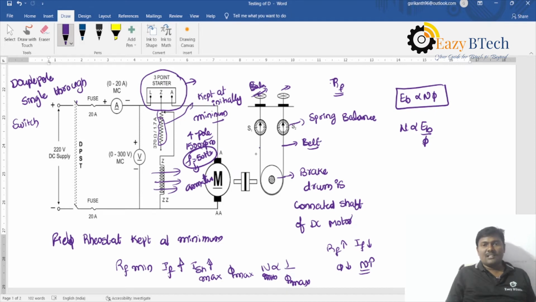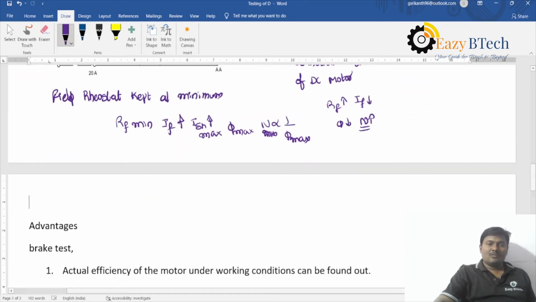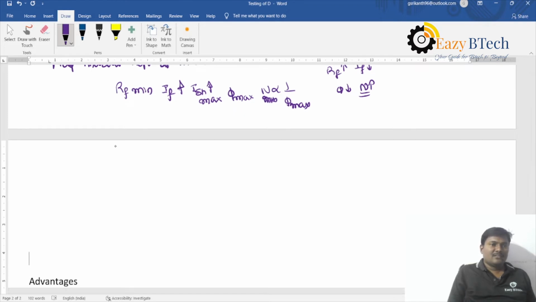Then you can apply the mechanical load by tightening the belt using spring balances, and note down the voltmeter reading, ammeter reading and speed. Then serial number, voltage, current. This is the line current, and the input power is V into IL. Spring balances S1 and S2.